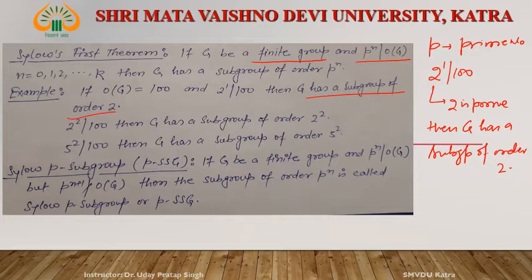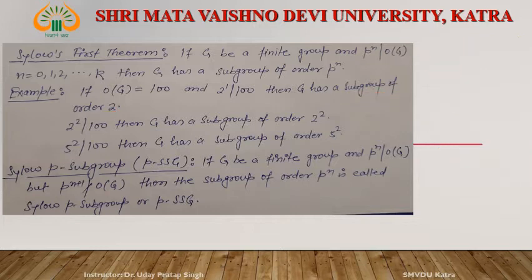Sylow p subgroup. Now the next definition is Sylow p subgroup. What is a Sylow p subgroup? In short we can call it PSSG, P Sylow subgroup.